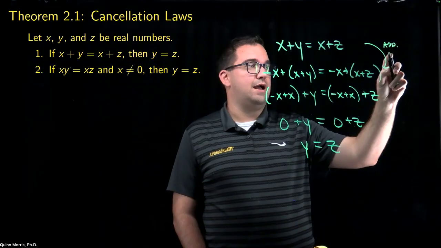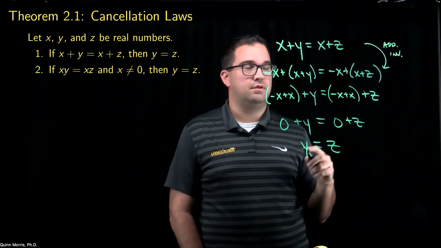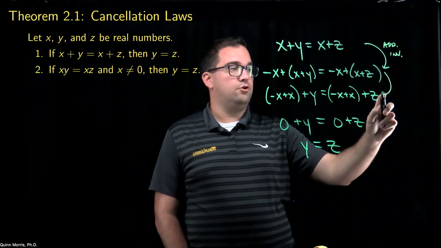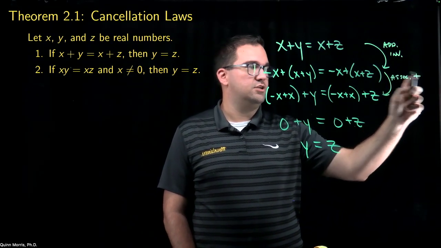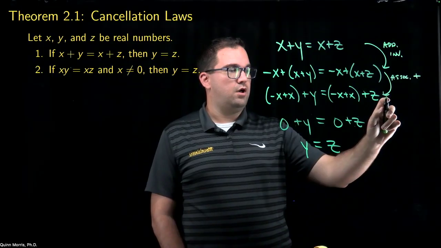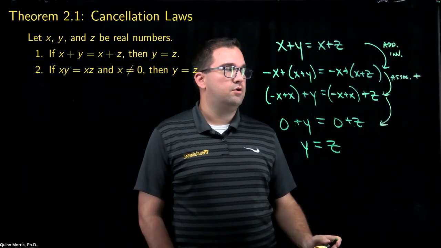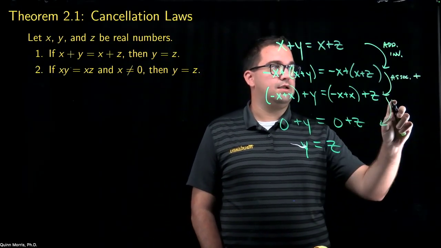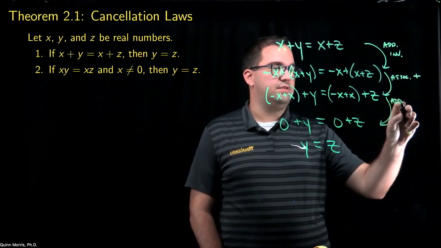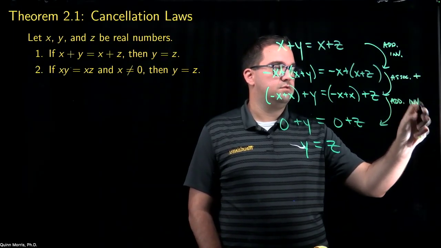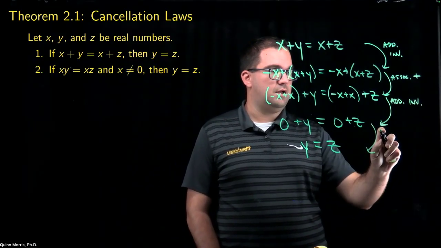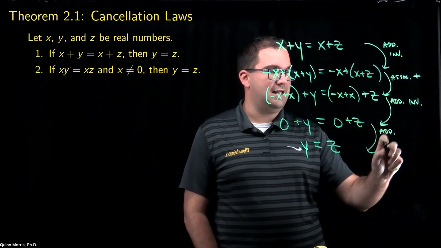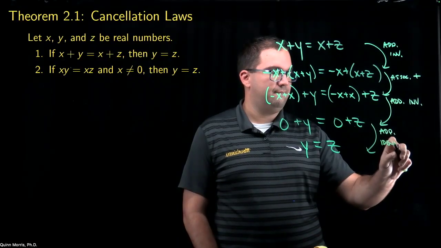From here to here, you're using the associativity of addition. From here to here, you're using, again, the definition of the additive inverse, right? And from here to here, you're using the definition of the additive identity.